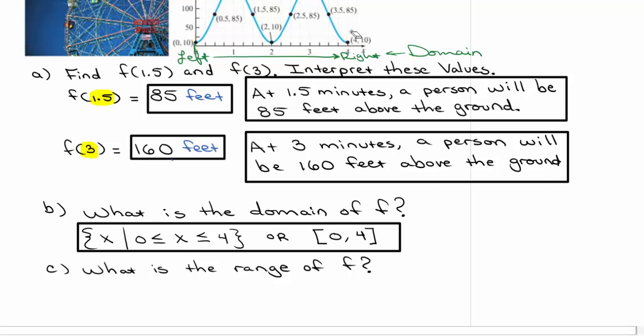So looking down up, the lowest value would be the 10. If you notice, none of these points touch the x-axis. The highest value that it goes up to is 160. So I've trained my eyes to look from the lowest value, going from down, up, to find the range.